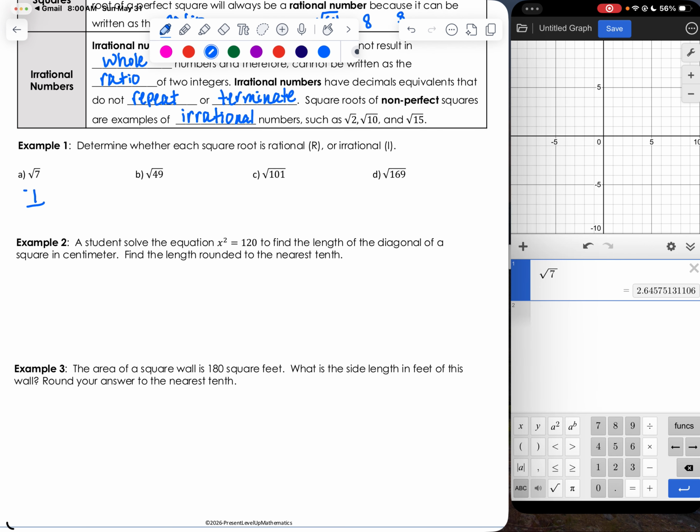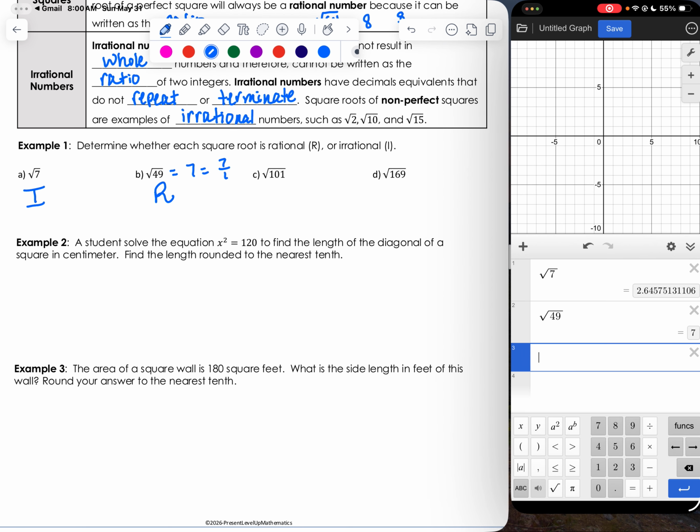So this would be an irrational square root. However, if I take the square root of 49, I get a whole number, 7. So that is a rational number because 7 can be rewritten as the ratio of two integers. And anything that can be rewritten as the ratio of two integers is a rational number.